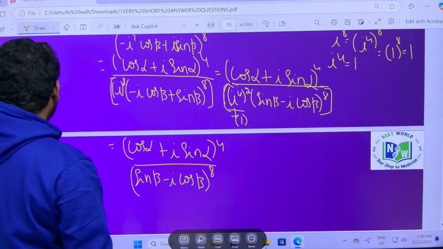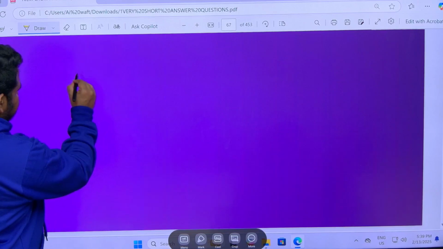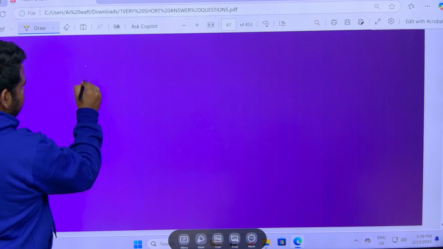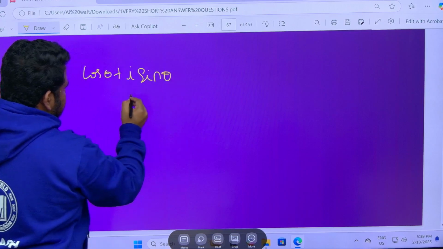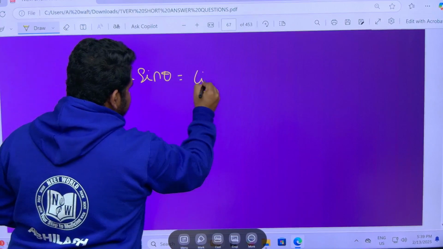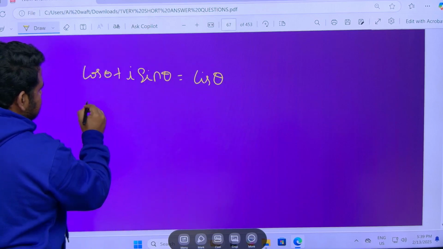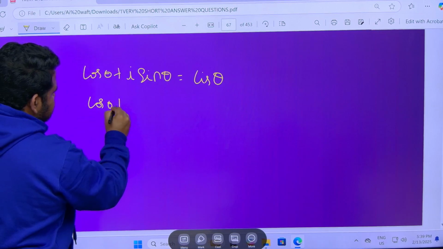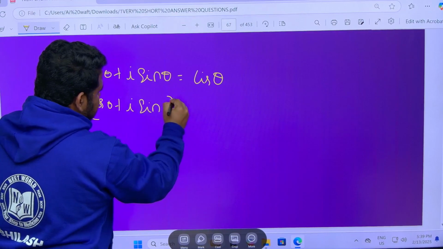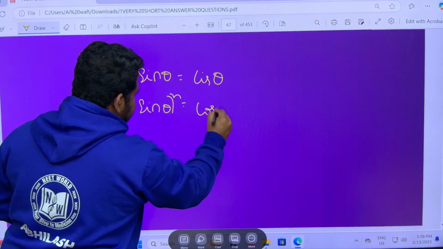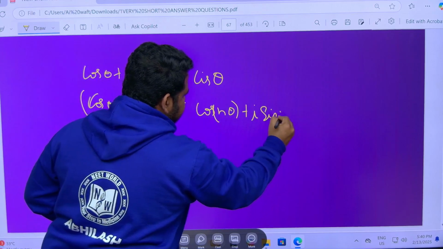So here I have to tell you one more property. Usually when we were representing in polar form, cos theta plus I sin theta, we can also write it as cis theta. Similarly, when I apply De-Moivre's theorem, cos theta plus I sin theta to the power of n is equal to cos n theta plus I sin n theta, right?